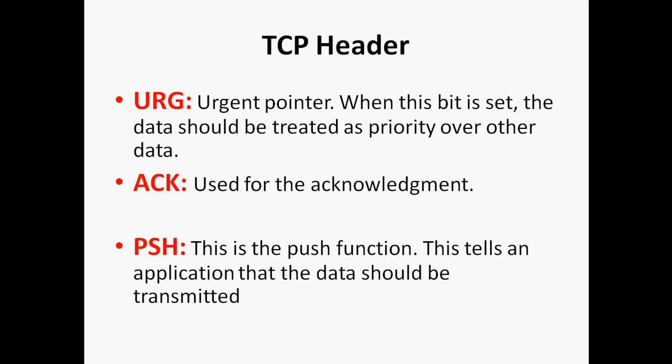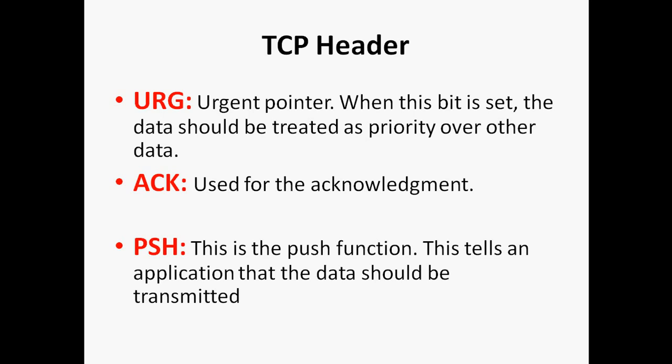But if the push flag is set to 1 during the TCP segment, the data will be sent directly to the receiver without going through the buffer, and the receiver moves the data to the application layer. Where can we use this push flag? For example, telnet, because telnet is used to access a remote device, where you enter a username and password.